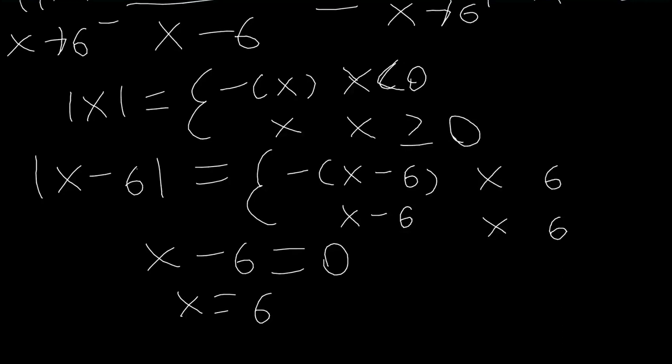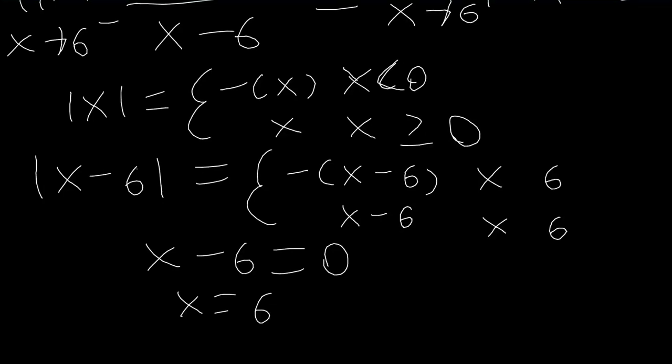So let's try a value less than 6, like 5. So if we plug 5 into absolute value of x minus 6, we're going to have 5 minus 6, which is -1. And then the absolute value of -1 is just 1. So let's see which of these in the piecewise function matches that if we plug in 5.